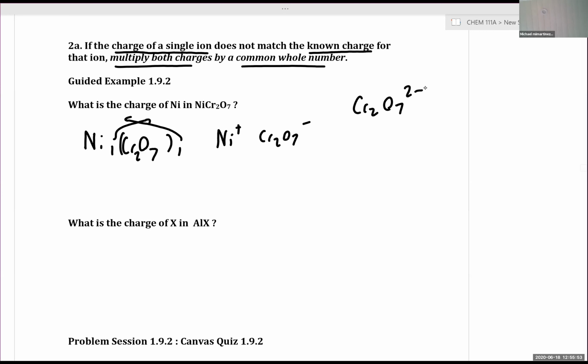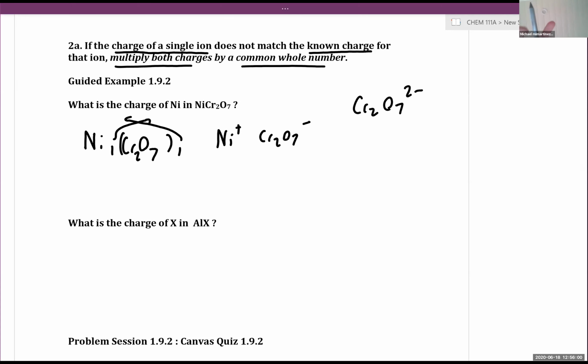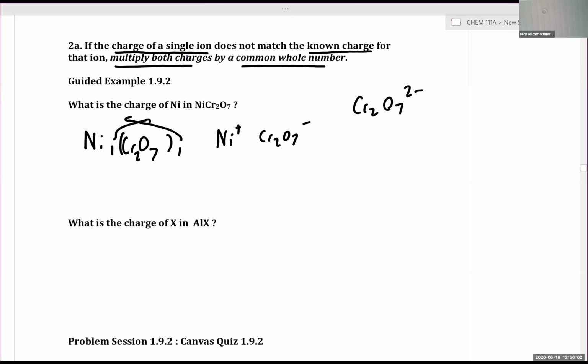So then, the question becomes, as we can clearly see, these charges don't match. So what should we multiply our charge by to give us a charge of 2 for dichromate? What should we multiply our charge by? 2.